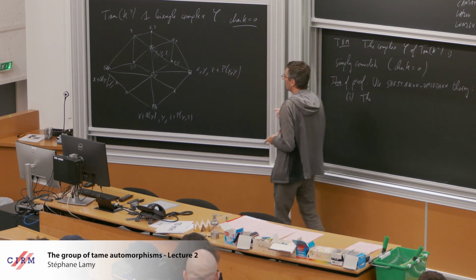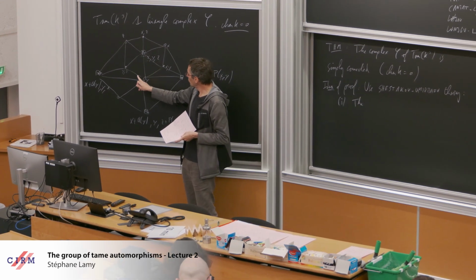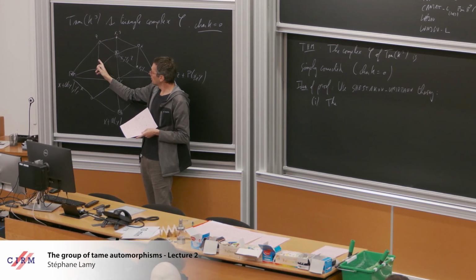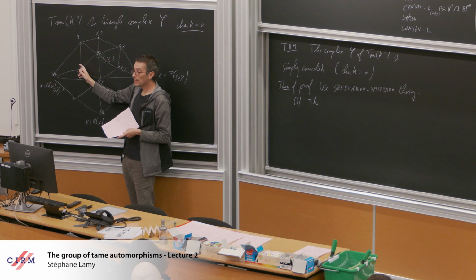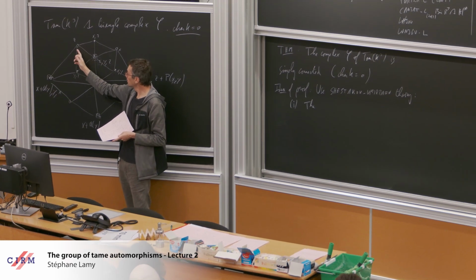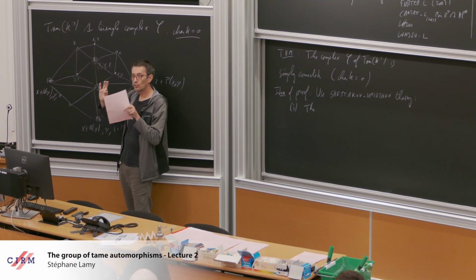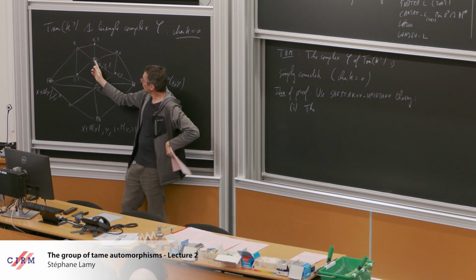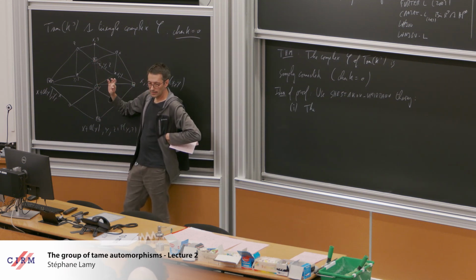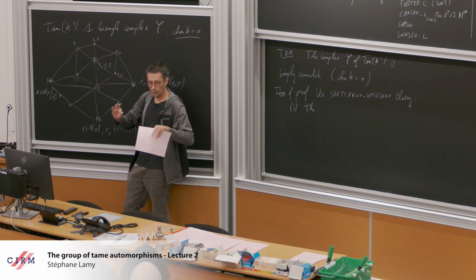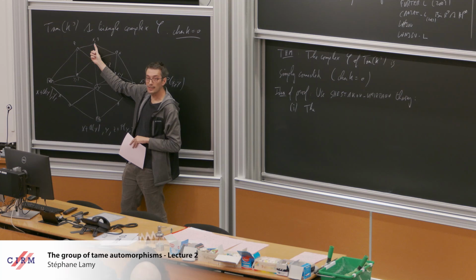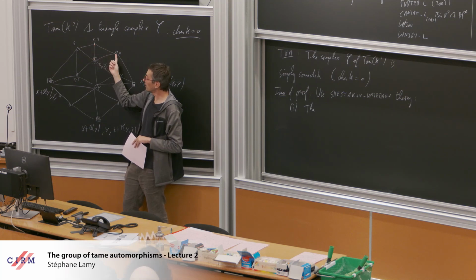Okay, so that's first. So in fact, for type 3 and type 2, it's kind of obvious. Because type 2, the link is a bipartite complete graph. So any vertex of type 1 is linked to any vertex of type 3, just to give you an idea that it's really branched in all directions. And the link of a vertex of type 3, it's the same as the incidence graph in the projective plane. So you can interpret vertex of type 2 as lines, vertex of type 1 as points, and I put an edge when the point is inside the line.